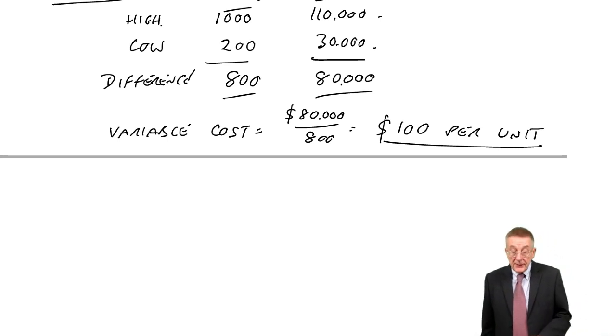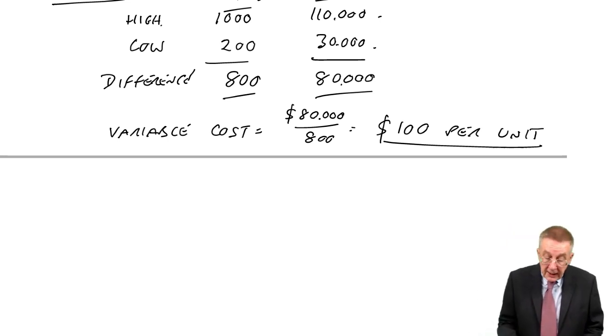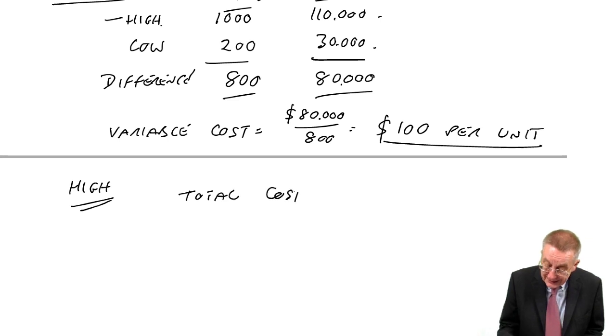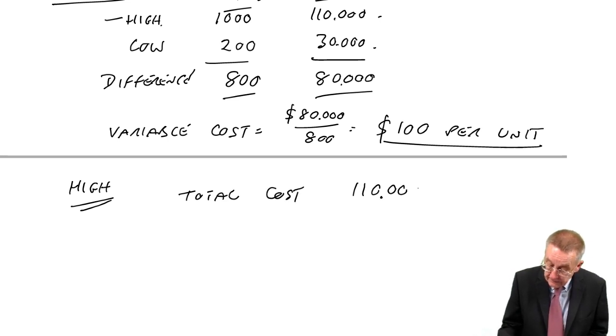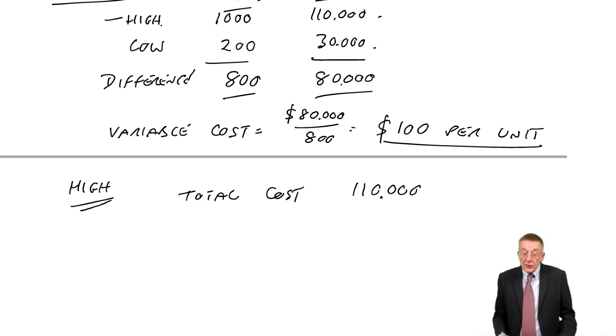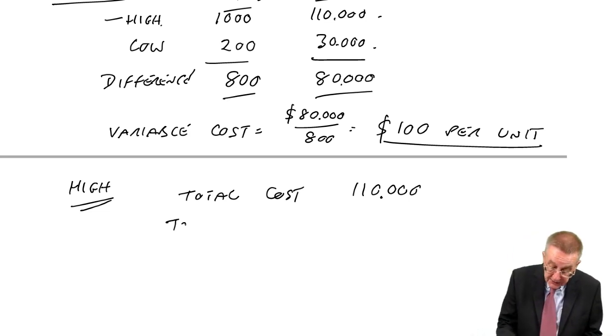What about the fixed cost? Well, now we can get it. Go to either of those two. If I go to the high one, we know what the total cost is, 110,000. Part of that is the variable cost. And what's the total variable cost?